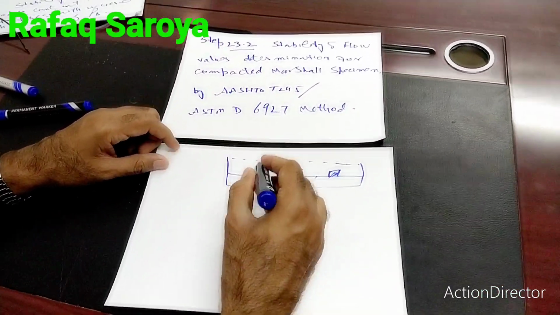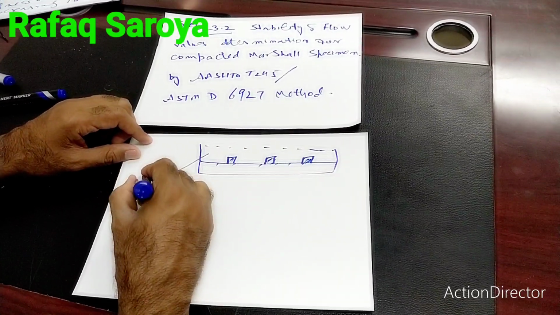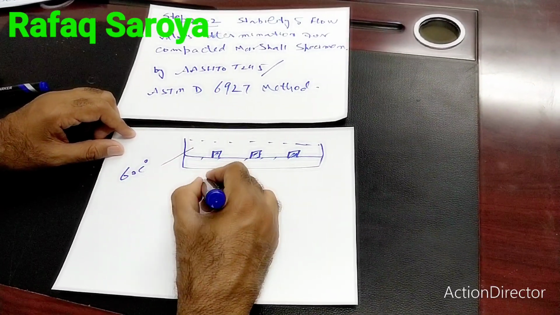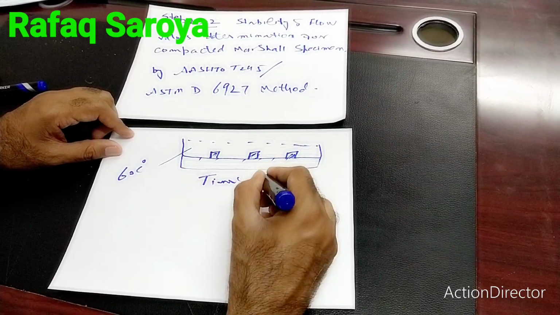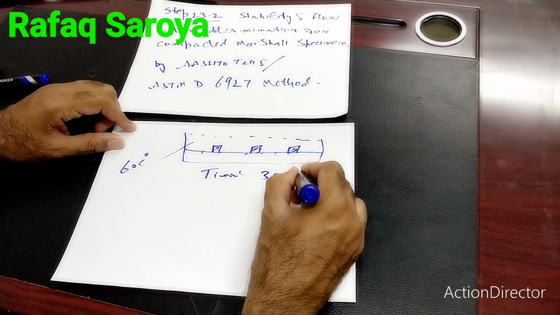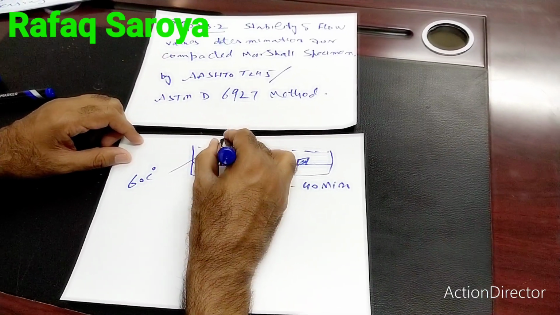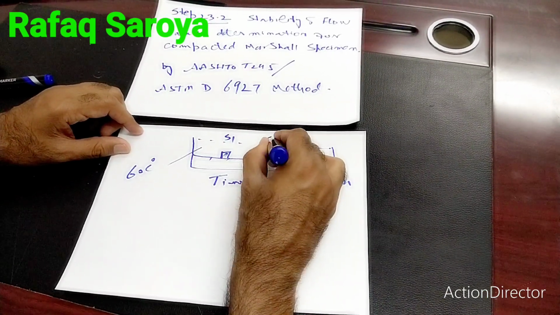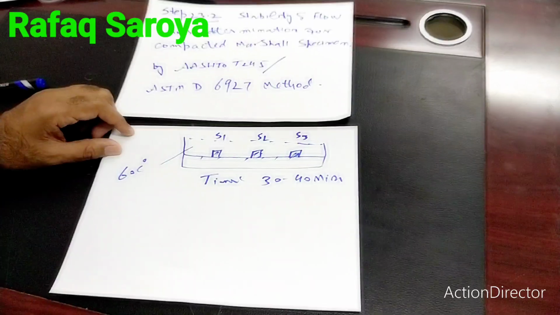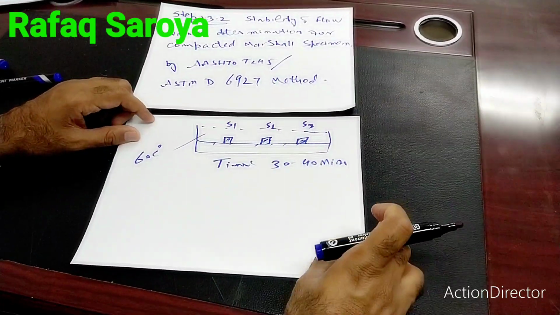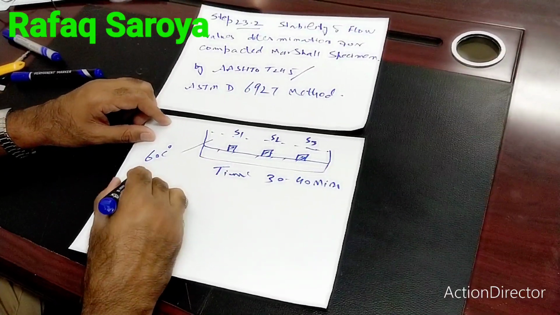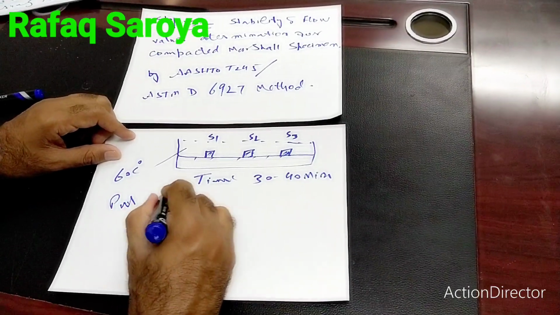Here the temperature is 60 Celsius and the time required is 30 to 40 minutes. These are my Marshall specimens. Let us suppose they are sample S1, sample S2 and sample S3. After 30 minutes, I will remove this specimen and put it in the Marshall machine.